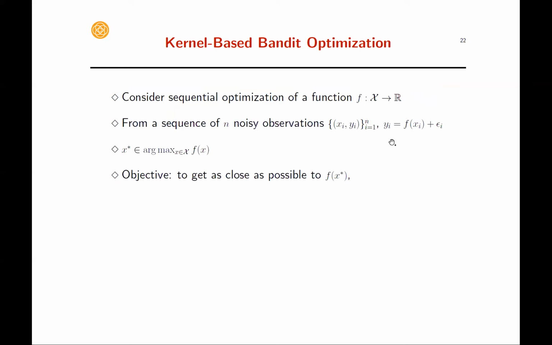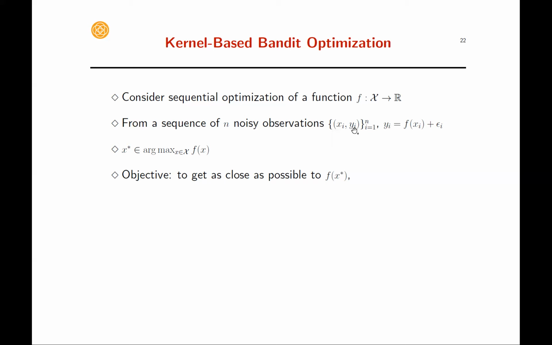Okay, but let's look at the mathematical formulation of the problem. What is kernel-based bandit optimization? Consider the sequential optimization of a function f. Simply, a function f from a certain domain to R is given, and we have access to a sequence of n noisy observations, where we can determine which point we want to observe.